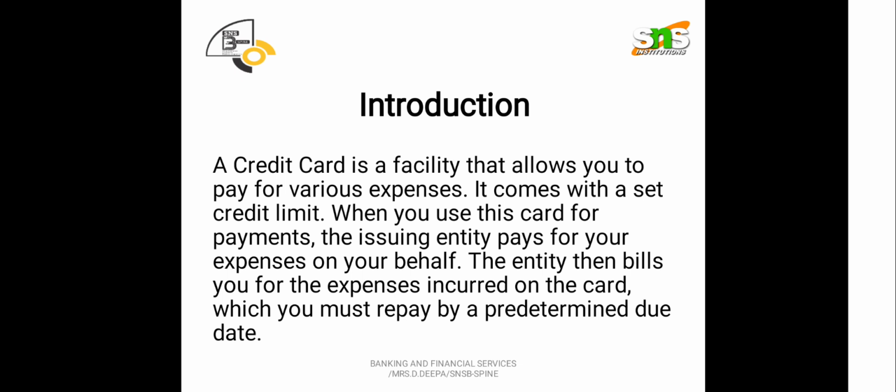Even though you do not have enough money in your card, the company pays on your behalf. The entity then bills you for the expenses at a later date. Anyhow you have to make the payment, right? The expenses incurred on the card must be repaid by a predetermined due date, and by that date the card holders definitely have to make the payment.